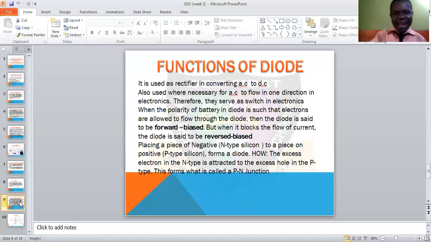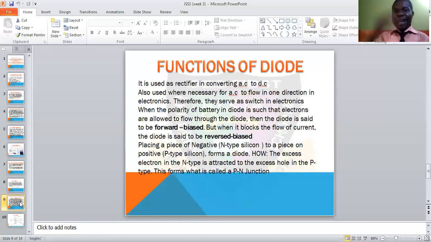When we are talking about N and P, we are talking about the negative type and the positive type. I will show you in your week 4 work what we mean by N-type and P-type junction, while we go into triode and others. So the negative type and positive type come together and form the diode. What they form is called the P-N junction, the positive-negative junction, two of them merging together. That is what we mean.